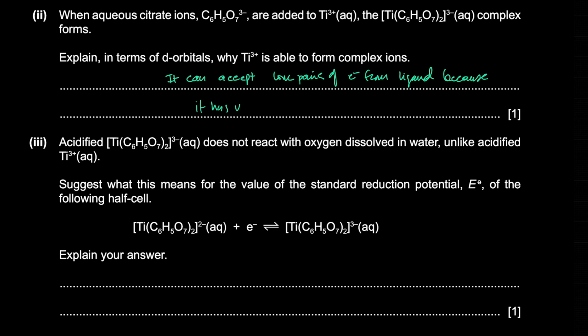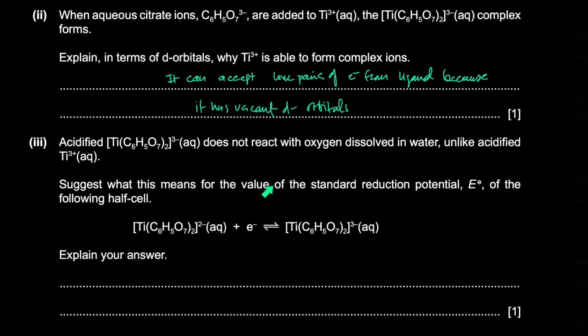Because it has empty orbitals, it can accept those lone pairs, and then those ligands can form dative bonds. This acidified complex ion does not react with oxygen dissolved in water, unlike acidified aqueous Ti3+.